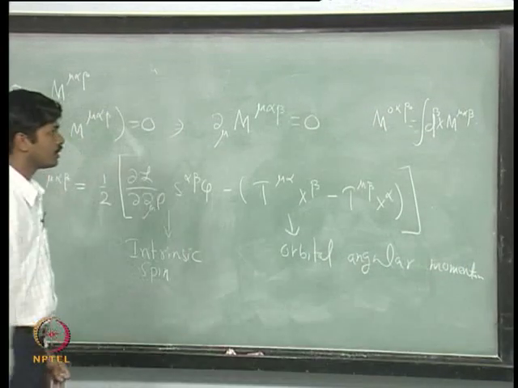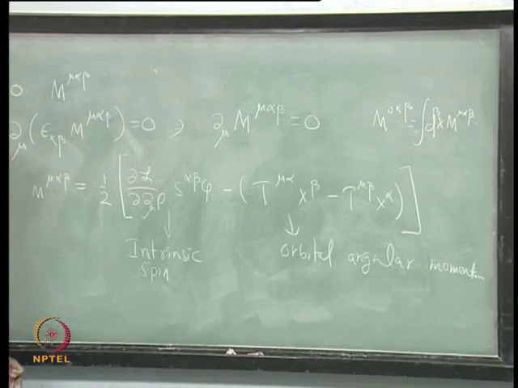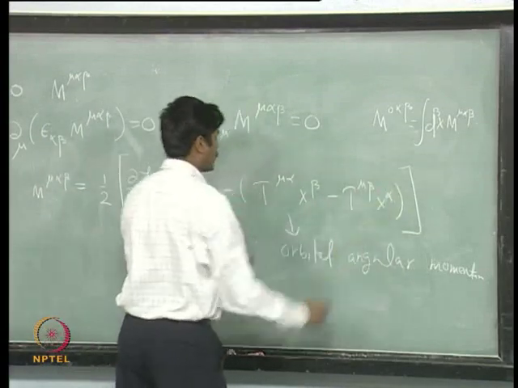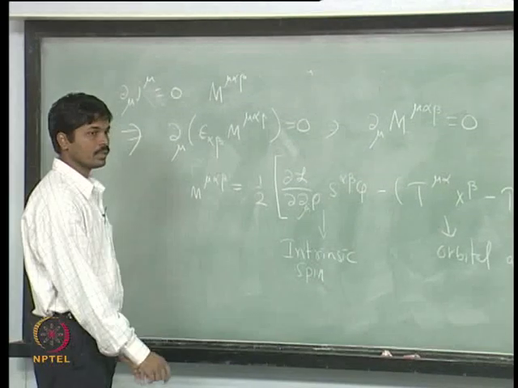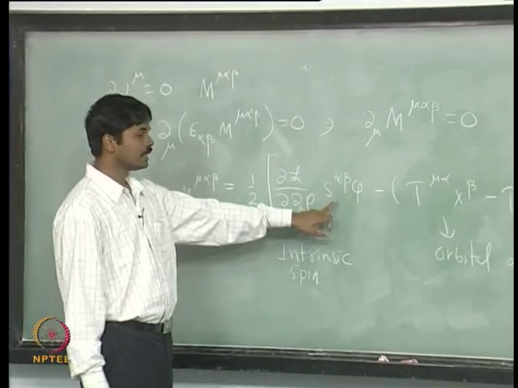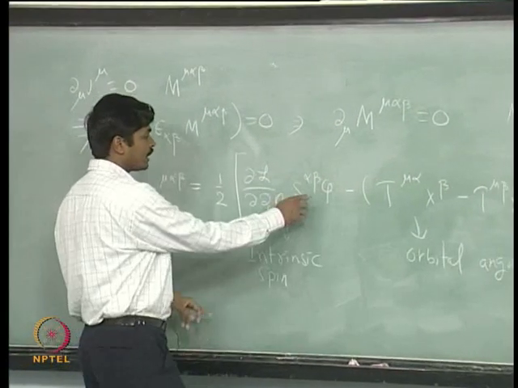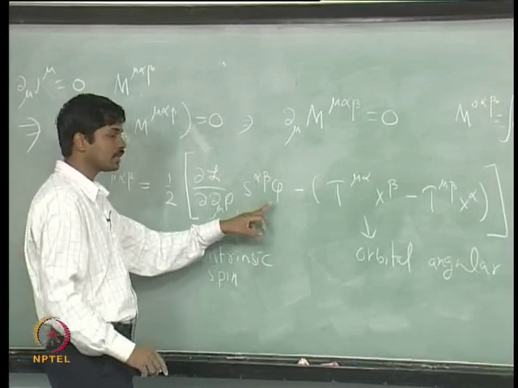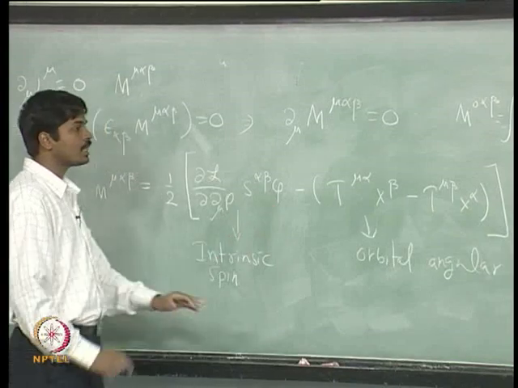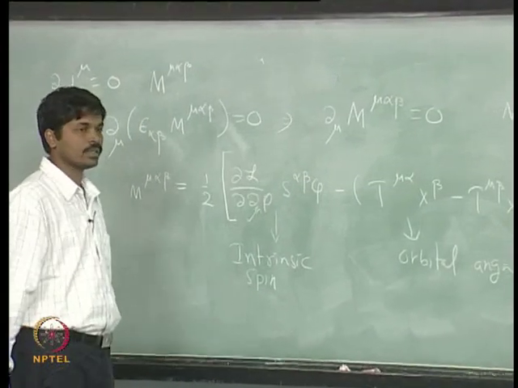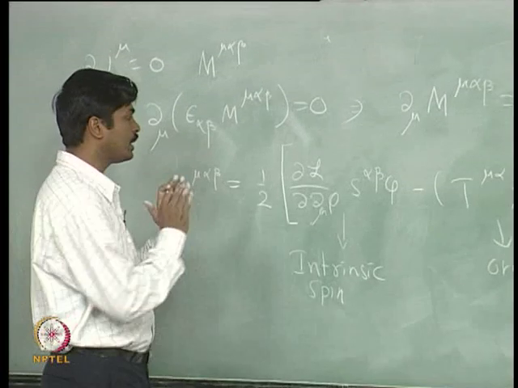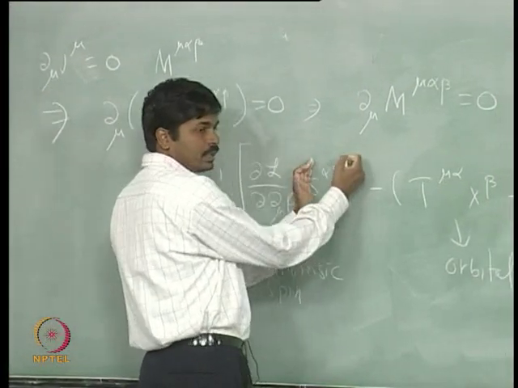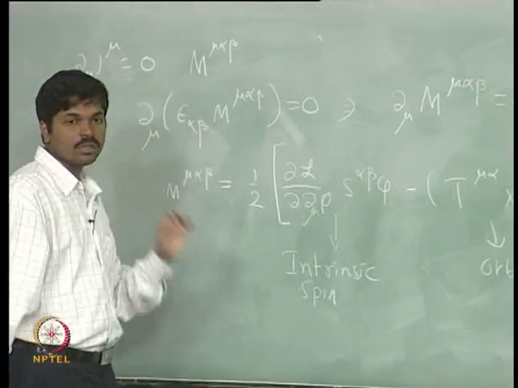So, as a consequence of Lorentz invariance, the sum of the intrinsic angular momentum and the orbital angular momentum remains conserved. And you can see the spin of a field is determined by how the field transforms under Lorentz transformation. If you consider a field which is scalar under Lorentz transformation, then obviously the first term here is 0 and hence it has no intrinsic spin.